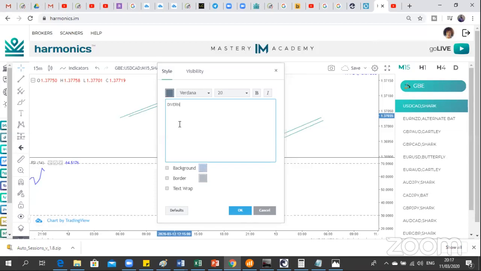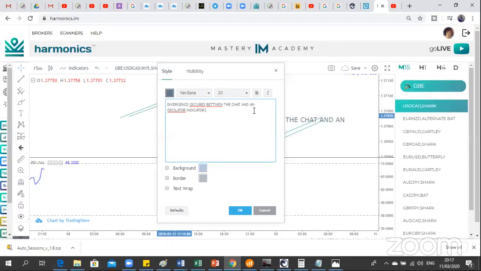Divergence occurs between the chart and an oscillator indicator. And we have various oscillator indicators.